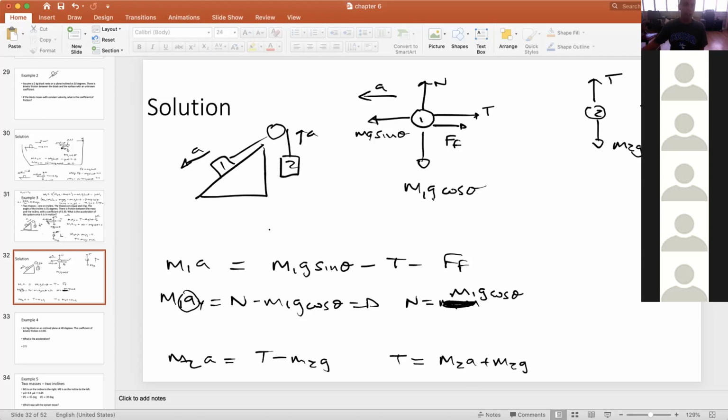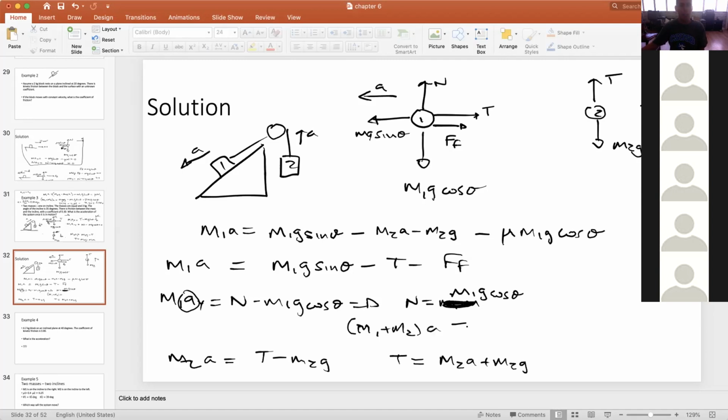Plugging it in here: m1g sine theta minus m2a minus m2g minus mu m1g cos theta, and that's all got to equal m1a. Or moving that over, m1 plus m2 times a is equal to m1g sine theta minus m2g minus mu m1g cos.